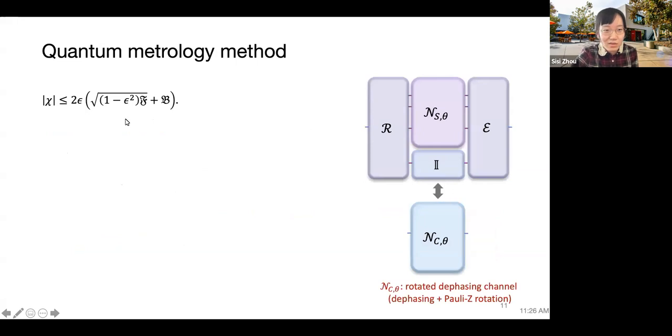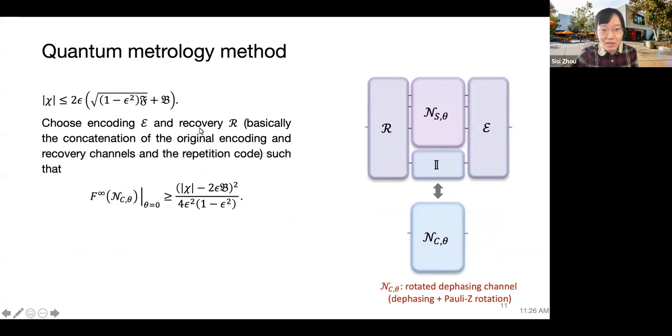Basically the idea is that we are going to find an encoding channel and a recovery channel, which is the concatenation of the original encoding and recovery channels with a repetition code, such that we can compute a lower bound of this channel after the encoding and recovery. The trick is that after we use this repetition code, this new channel is going to be a rotated dephasing channel, which is basically the traditional dephasing channel plus a Pauli Z rotation.